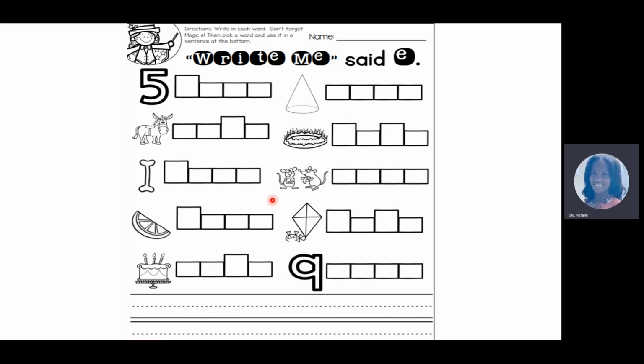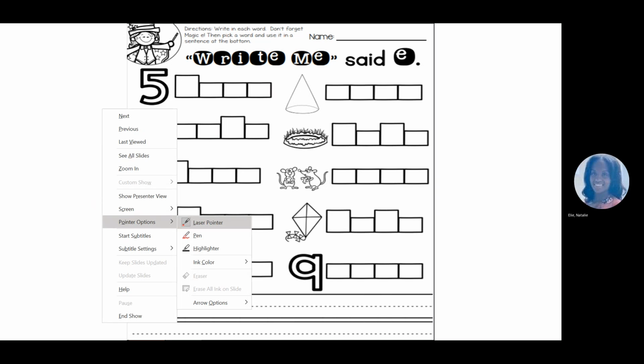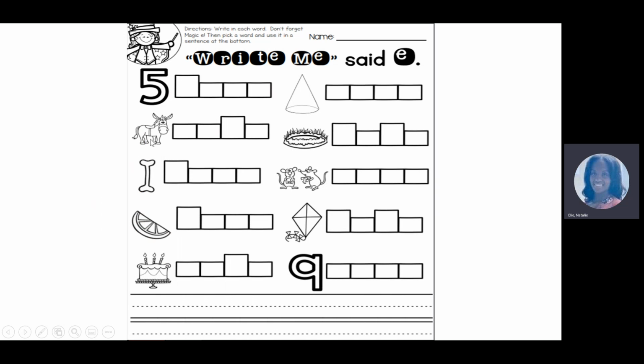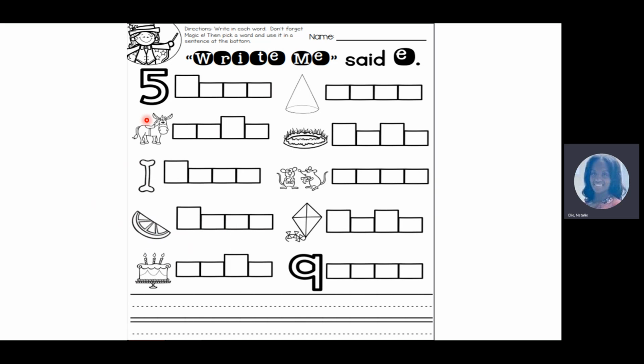So let's take a look at our worksheet, and we are going to spell the words. All of these words have long vowel sounds, so they will have a magic E at the end of them. Let's take a look at our first word, five.